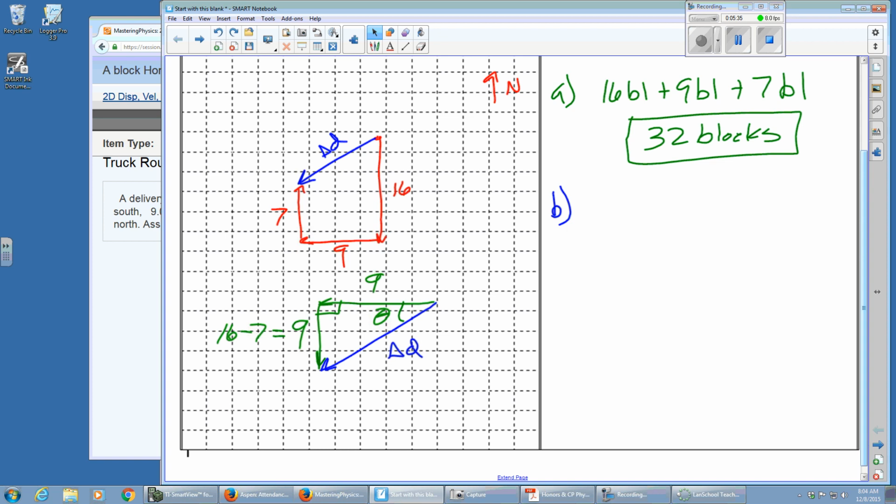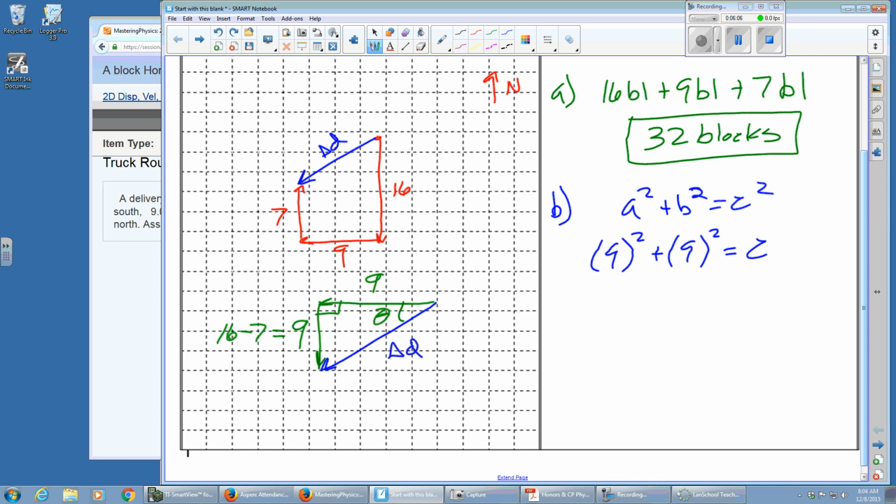So what I'm looking for is the length of the blue and what angle it is south of west. And so I'm going to use Pythagoras, a squared plus b squared equals c squared, from the back of our equation sheet. So I have 9 squared plus 9 squared, and here I could put blocks, equals delta d quantity squared.